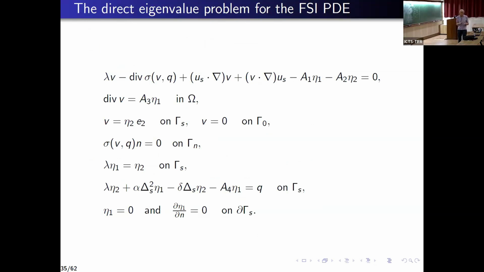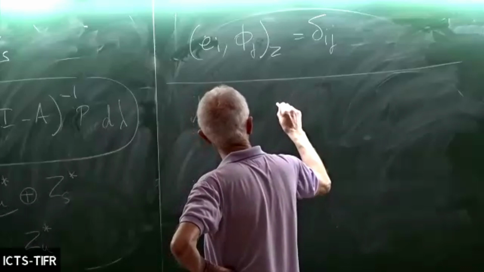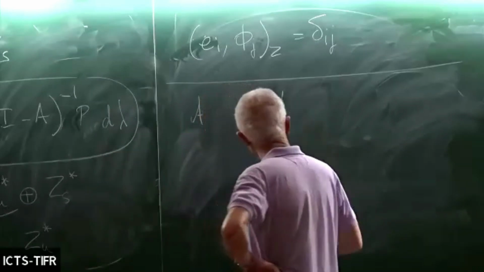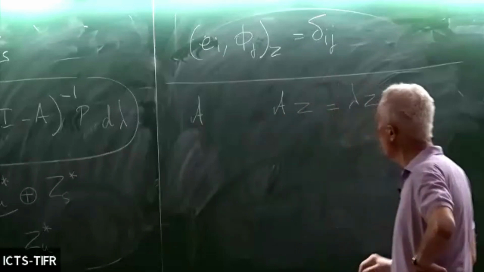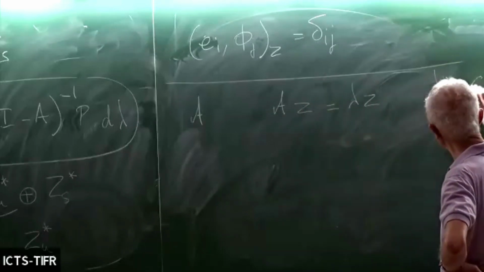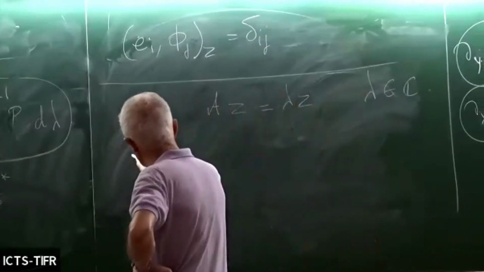There is a little bit of difficulty in the sense that the eigenvectors for the operator A are given, as usual, by A times Z equal to lambda Z. Lambda may be complex. And the same for A star.